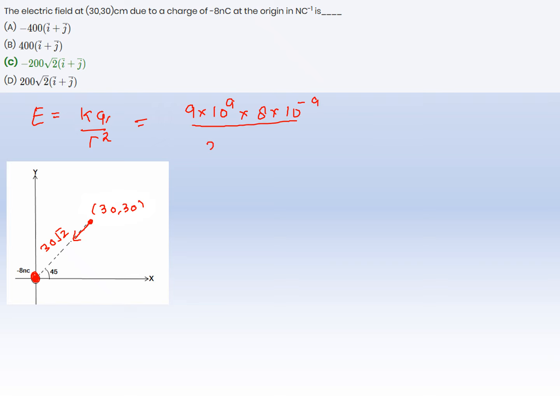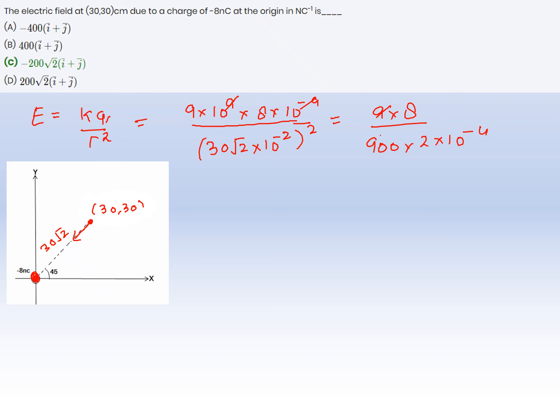So R is how much? 30 root 2, and since it is in centimeter, we have to convert it into meter. This is squared. So the magnitude becomes 9 into 8, this will cancel out, and from here we will get 900 into 2 into 10 power minus 4.